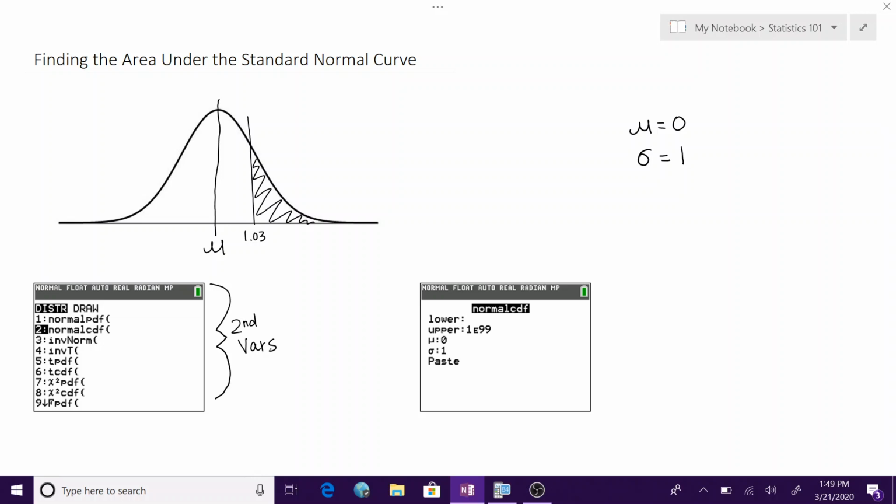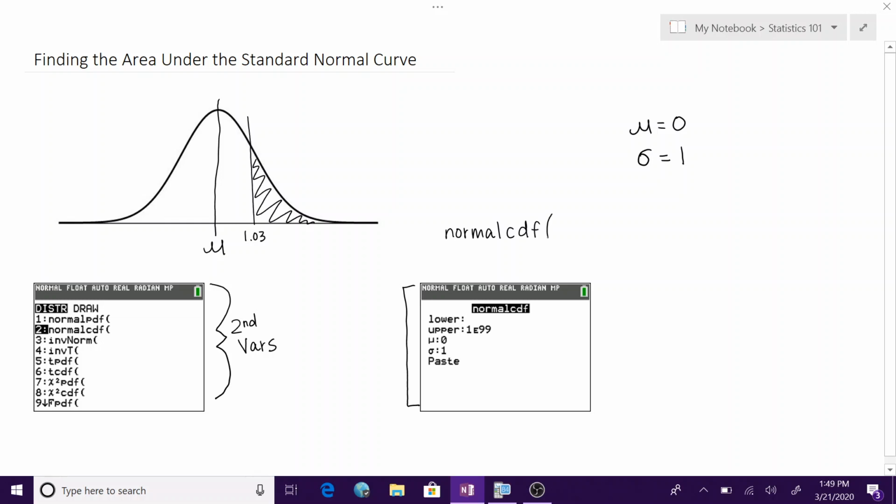After this, you'll have this window pull up on your calculator. Now, some calculators do not show this window specifically. Sometimes it'll take you back out to your normal window and have the following set up for you.